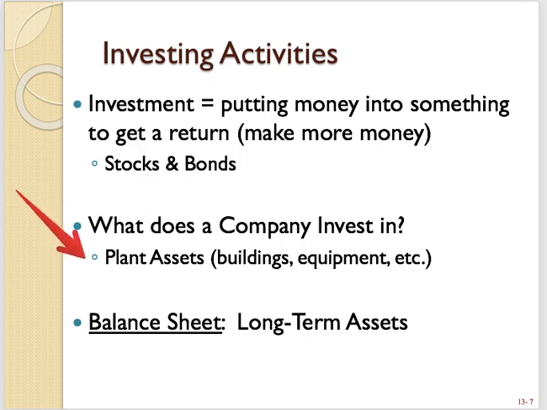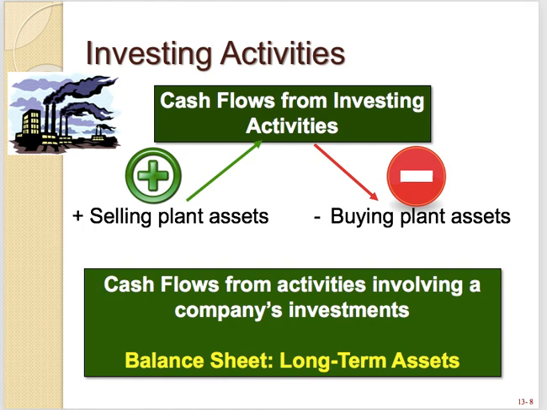And where are we going to find those in our financial statements? Well, we're going to find them on the balance sheet in the long-term asset section. So if you look there, that's where you're going to find clues as to what your investing cash flows are. So investing activities involve anything really related to those long-term assets, those plant assets.